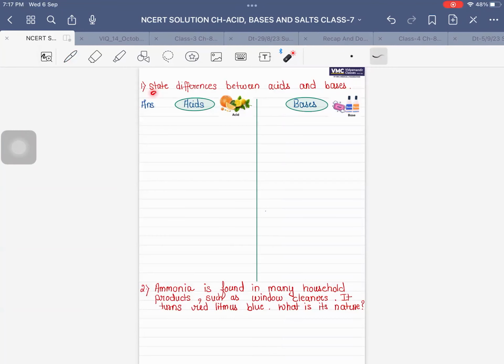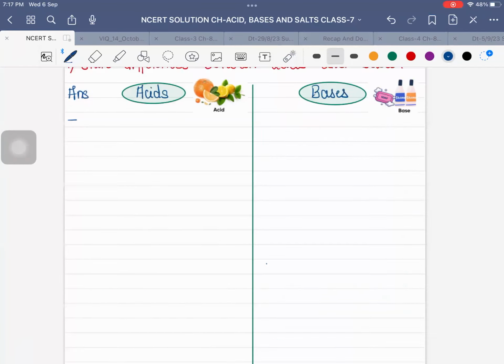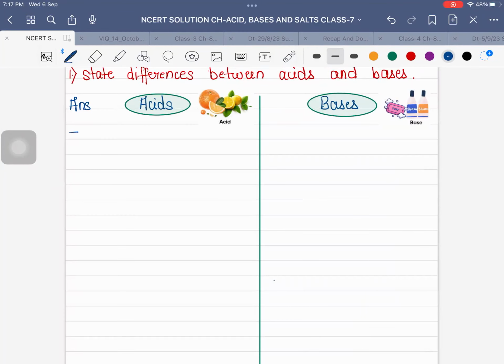First question, state differences between acids and bases. Acids are sour in taste, whereas bases are bitter in taste.